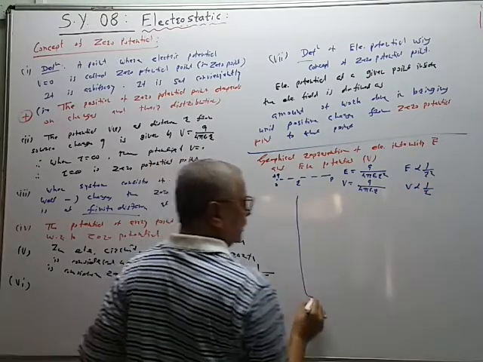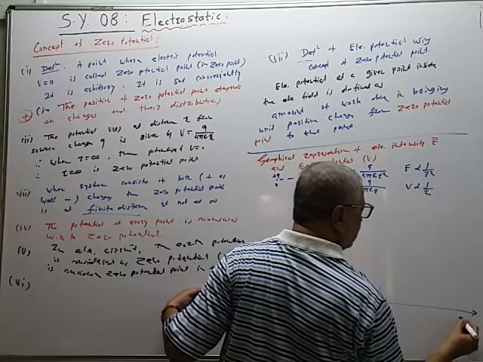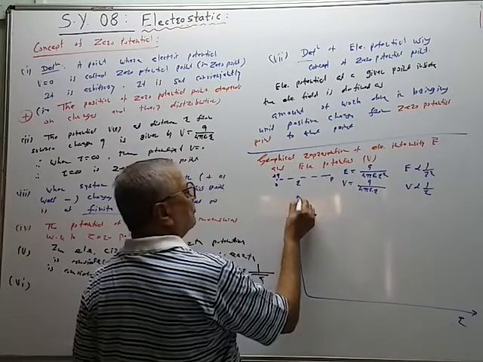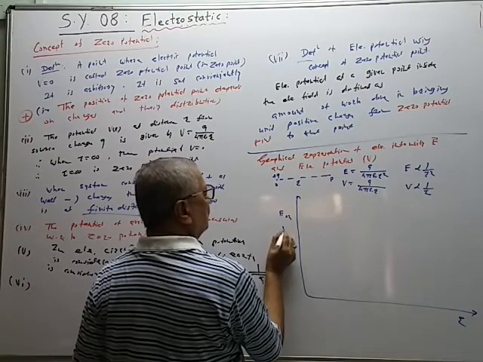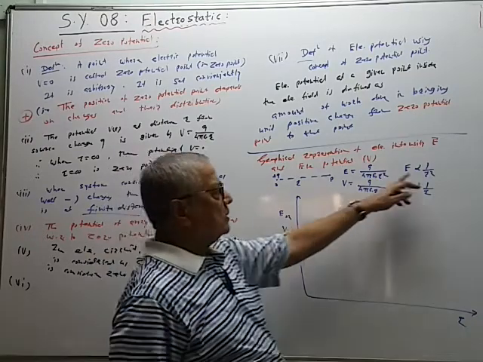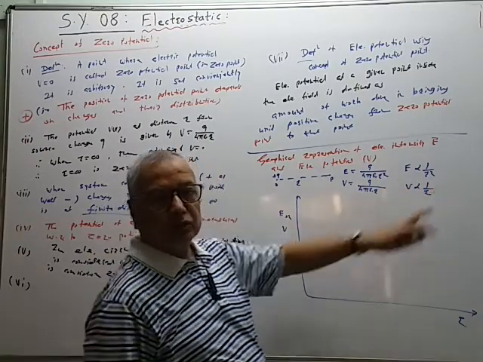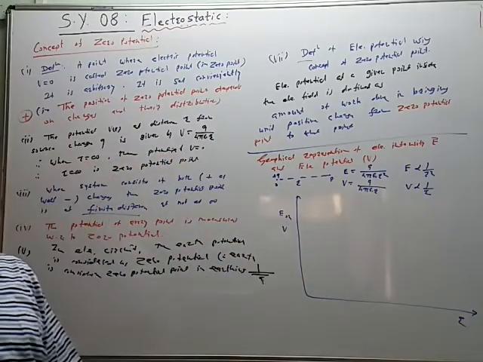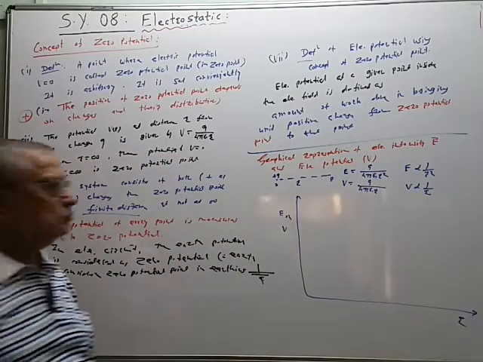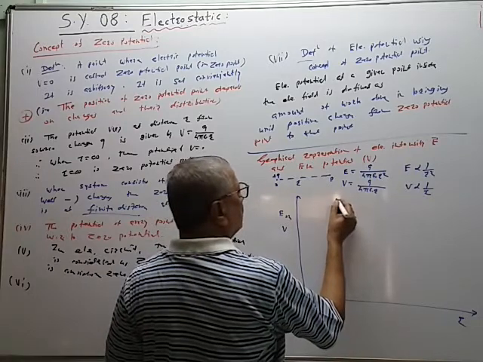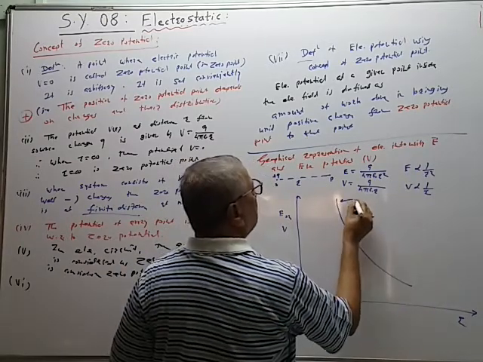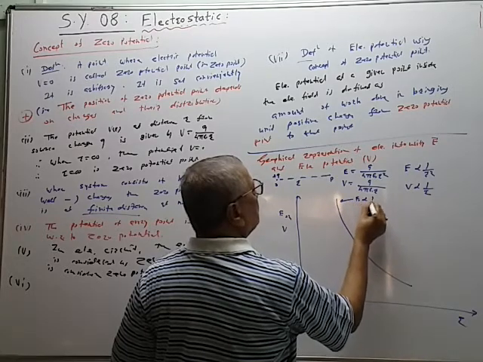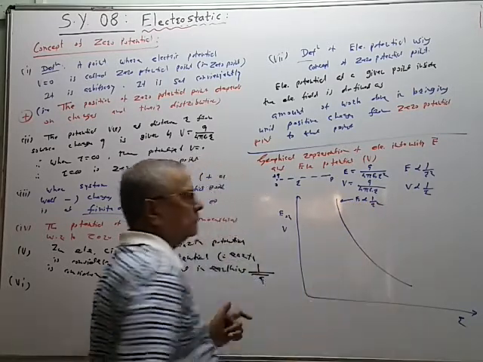So on x-axis if we plot the value of the distance R, and on y-axis if we plot the values of E or V, then this E is inversely proportional to R square. So this intensity will decrease very rapidly. So its slope will be larger. So the variation of E is like this. E is inversely proportional to R square.